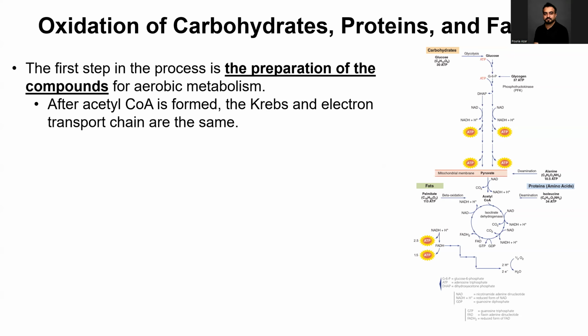So, for the glycolysis energy system, we just use glucose or glycogen, which is a carbohydrate. But after we get to acetyl-CoA, the chemical steps in the Krebs cycle and electron transport chain are going to be the same among fats, proteins, and carbohydrates.